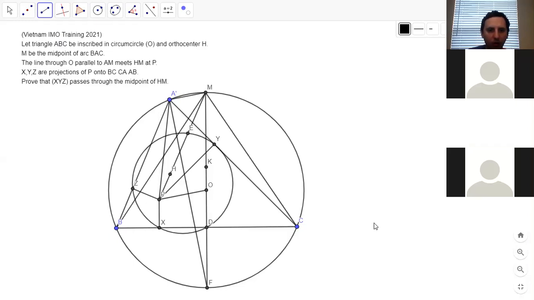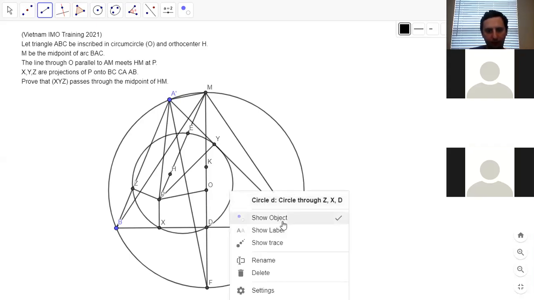We know that A prime HKM is a parallelogram. We proved this before. So yeah, A prime HKM is a parallelogram. I'm going to hide the circle for now.